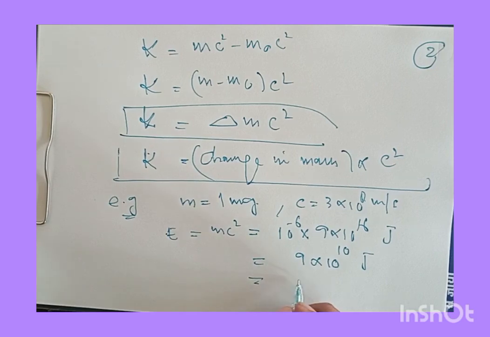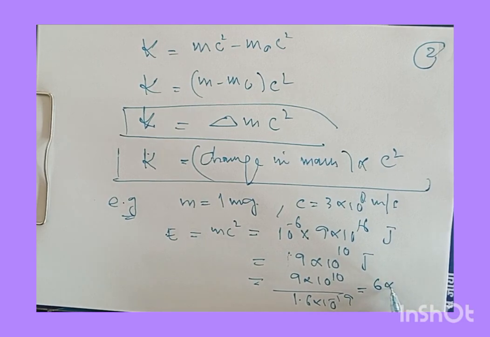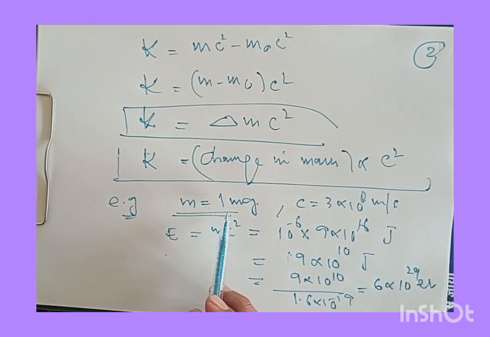So from this 1 milligram of mass, the energy that we can have is 9 times 10 to the power of 10 joules, and I can convert it into electron volts by dividing it by 1.6 times 10 to the power of minus 19. And here we will get a value of nearly 6 times 10 to the power of 29 electron volts. And we can understand how tremendous the energy is that a small mass of 1 milligram can give.